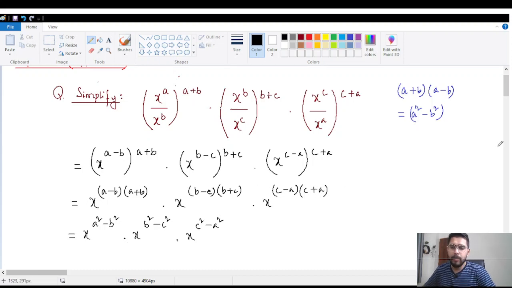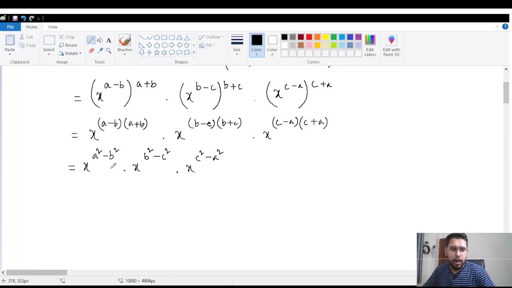Now again we are coming to that place where all the bases are the same and we are operating a multiplication, which means the exponents shall be added by the product rule. So we will be getting x raised to the power of (a square minus b square) added with (b square minus c square) added with (c square minus a square).